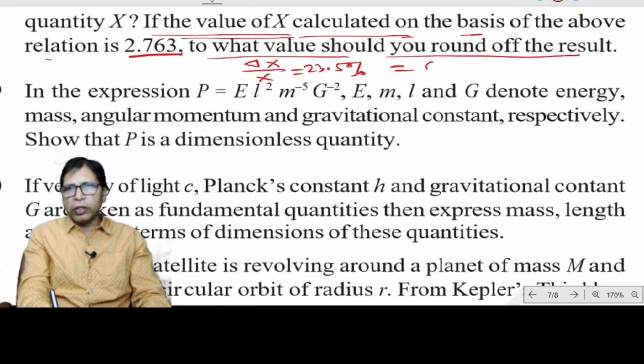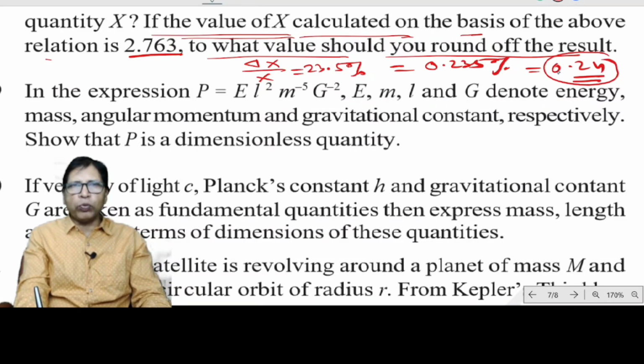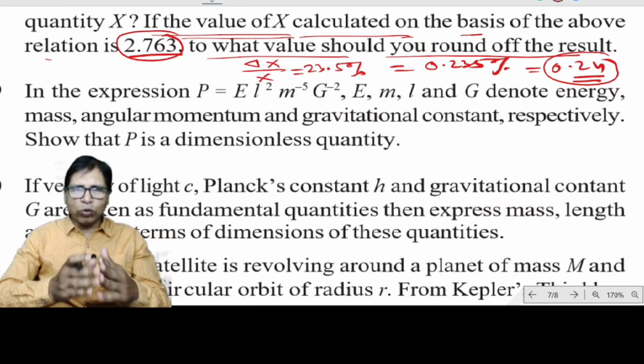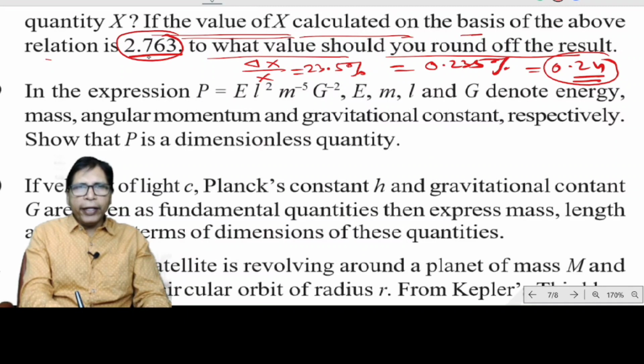So this becomes 0.235, therefore this is 0.24. So the significant digit of the absolute error of X is 0.24. So the significant figure of the value of X has 2. Now 2.763 can be rounded as 2.8.